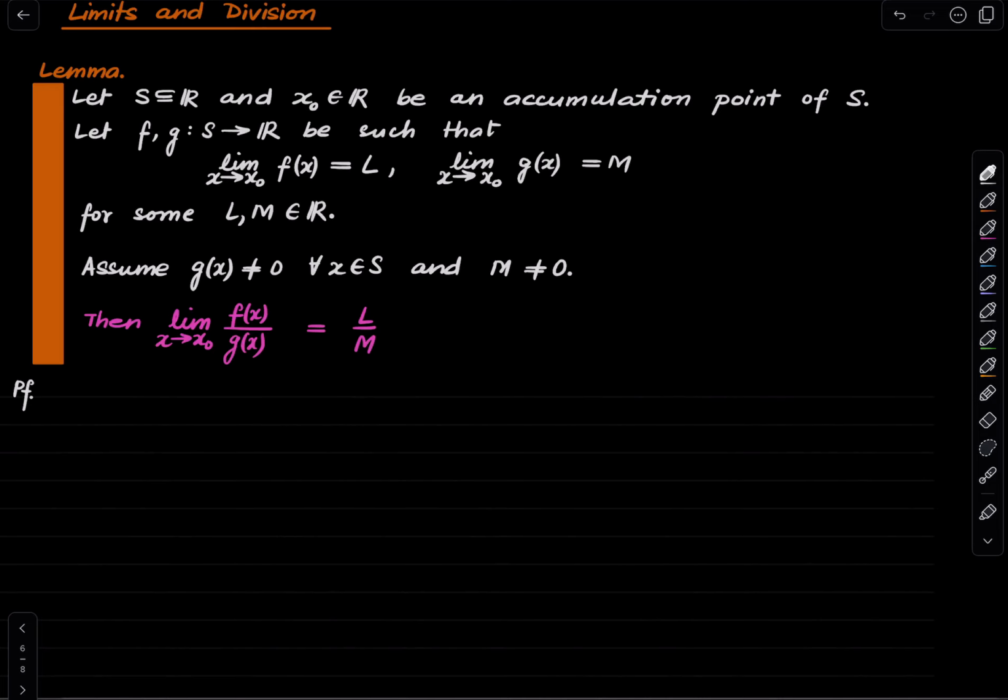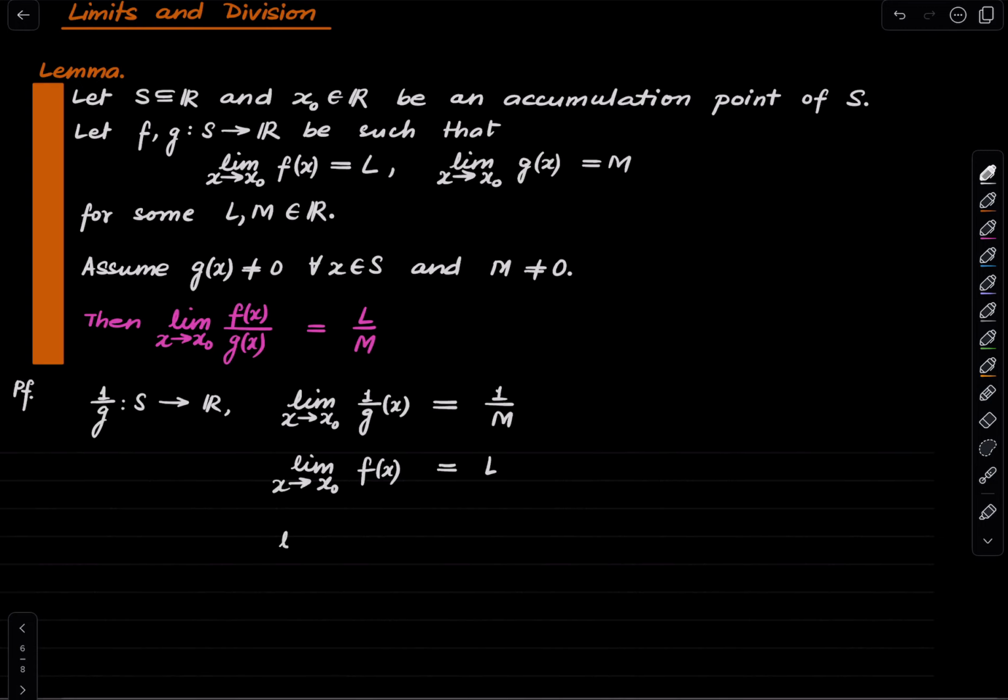So this is just by the multiplication version. What we saw in the first slide is that limits are well behaved under sums and products. So you just need to use that limits are well behaved under products, and the previous slide. If you consider the function 1 upon g from S to R, by the previous slide we know that the limit of 1 upon g(x) is 1 upon m, and we are anyway given the limit of f.